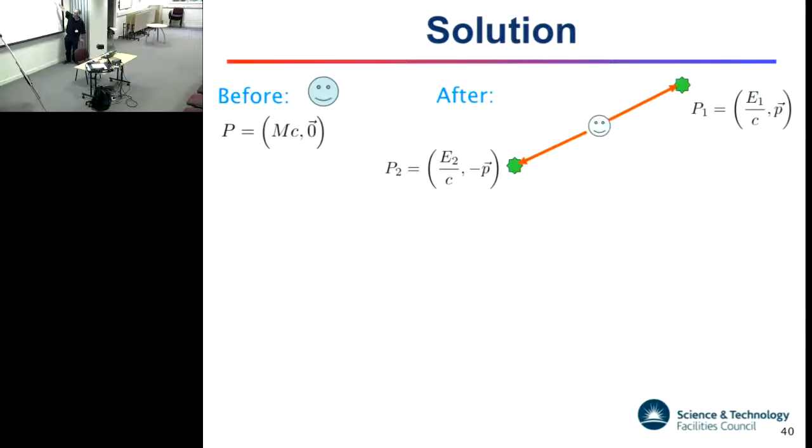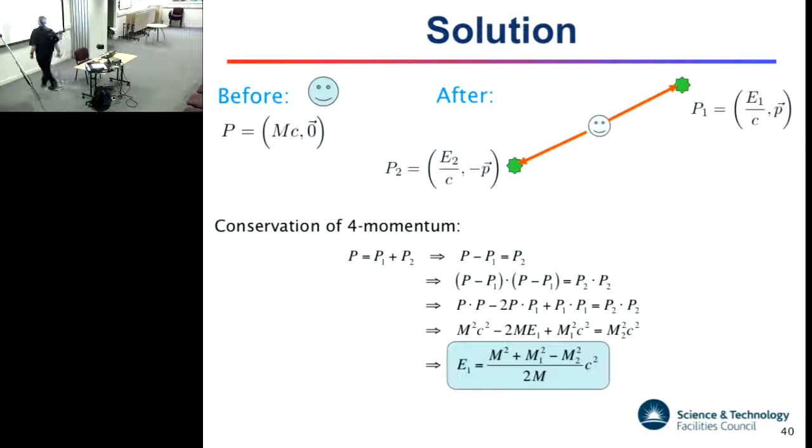Now, whatever my P must be, because I have conservation, I know that P equals P1 plus P2. Because that's equal to 0, these two must be equal and opposite. And then I've got a relativistic energy here and another relativistic energy here. So conservation of 4 momentum tells me that P4 is equal to P1 plus P2 afterwards.